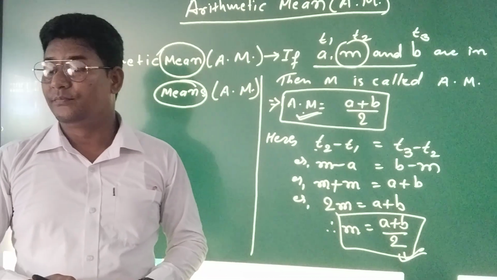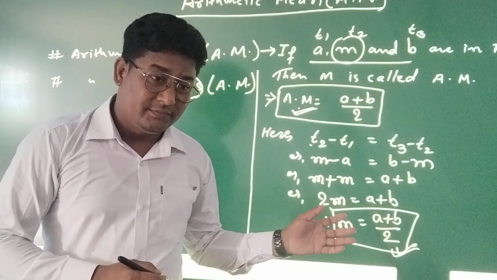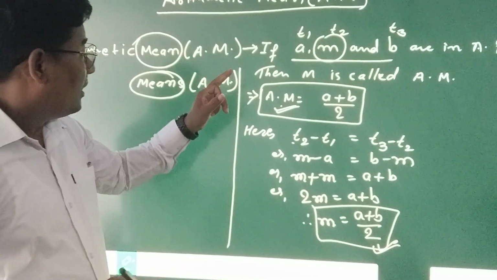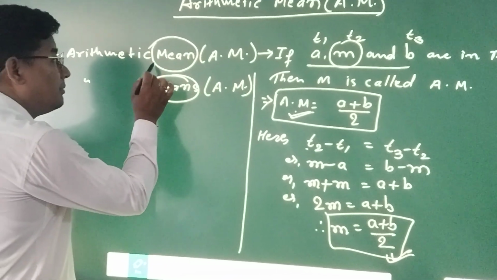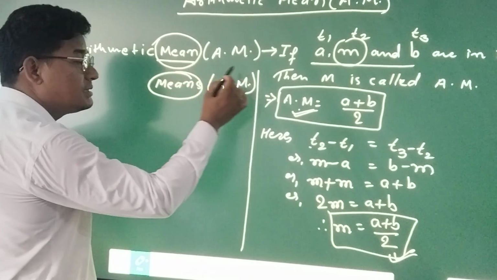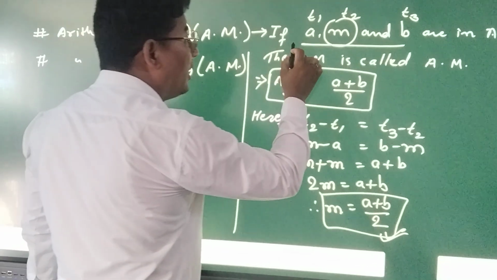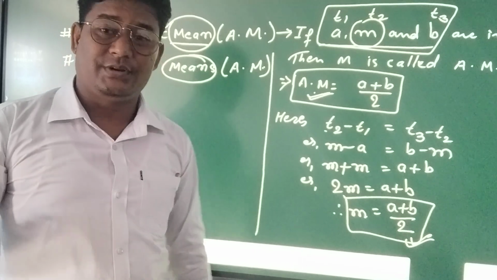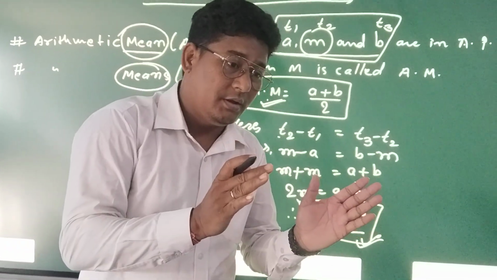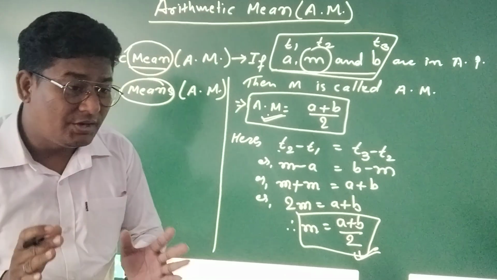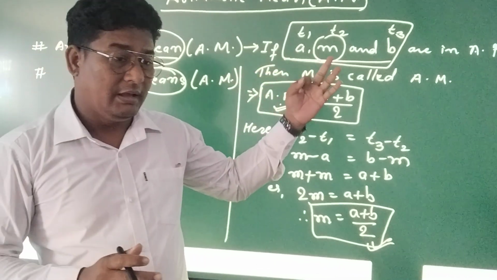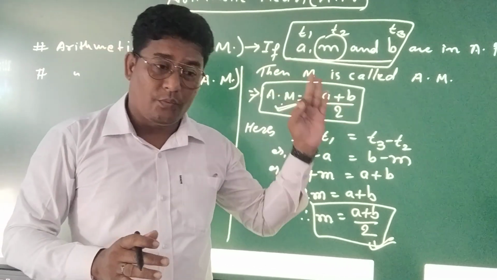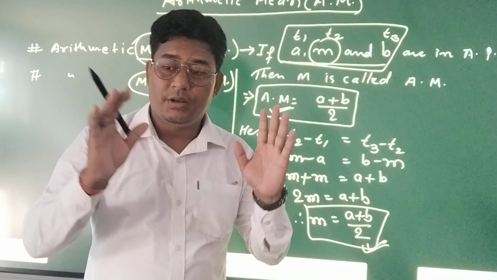Is that clear? This was arithmetic mean. It means that to find an arithmetic mean, we take any three numbers. It can be calculated among only three numbers.